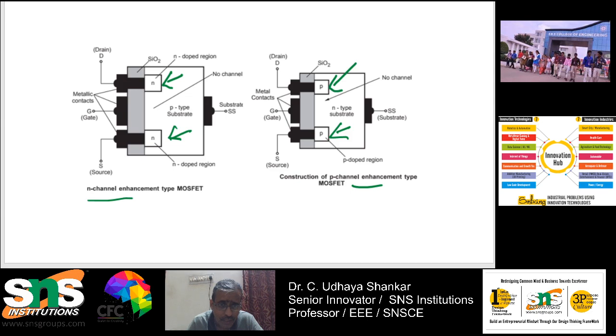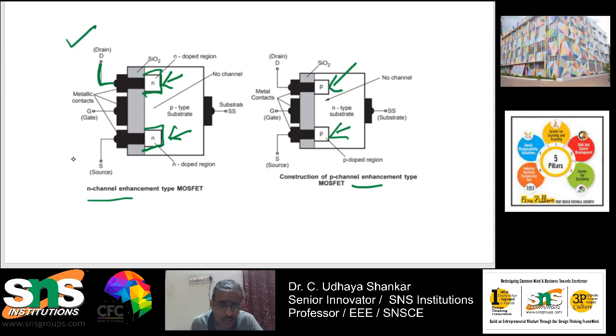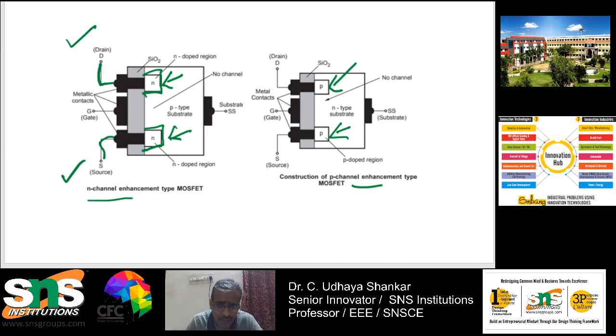Here this N is diffused, and here also this N is diffused into the P substrate, and from one N they take the drain, and from the other N they take the source. So this is how it has been constructed.